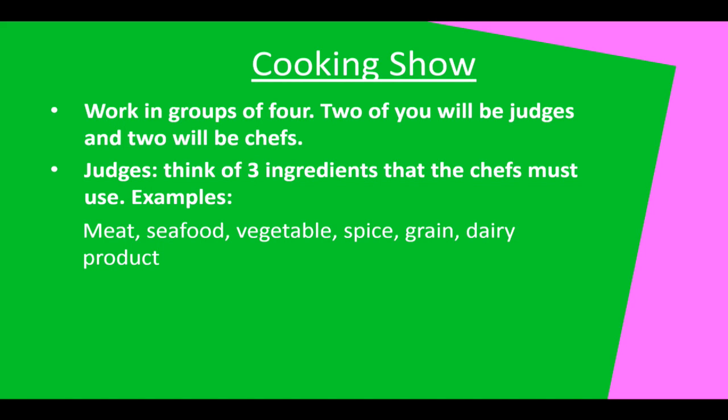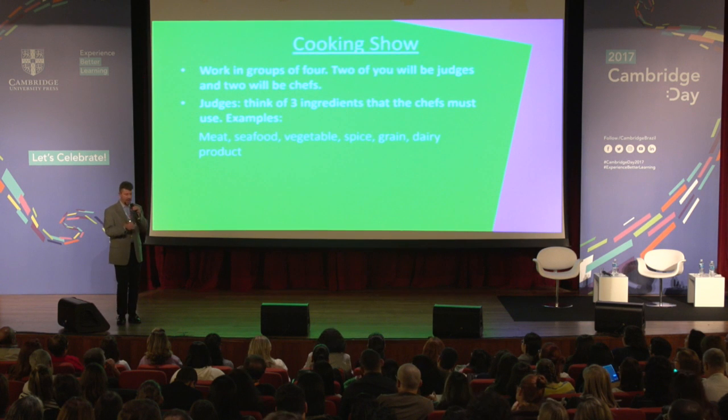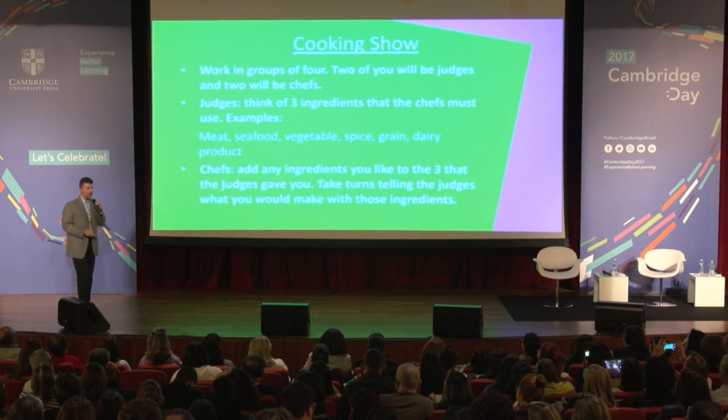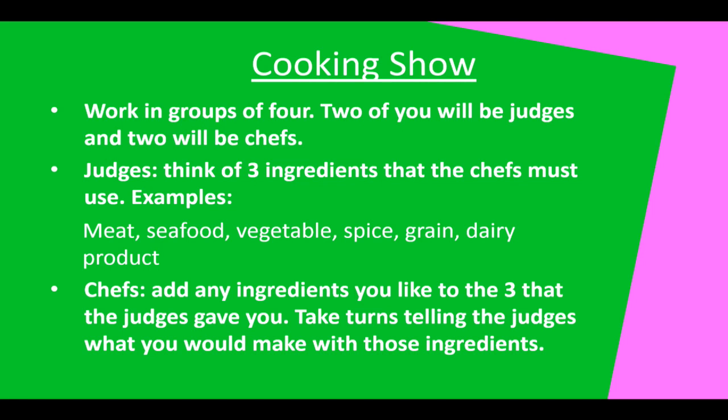And those ingredients can be meat, they can be seafood, they could be a vegetable, a spice, a grain, a dairy product, anything you want, okay? 3 ingredients. Chefs, you can add any ingredients you want to those 3 ingredients, but you have to use the 3 ingredients, okay? And you have to tell the judge what you're going to make using those 3 ingredients and anything else.